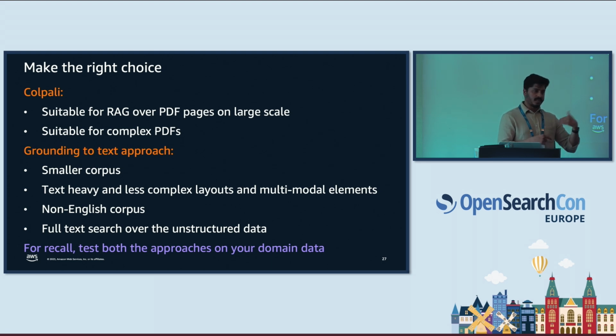If you have complex PDFs with a lot of multimodality, only in English, and you have a lot of PDF pages, then ColPali makes sense. Otherwise, you can go with the regular first approach.